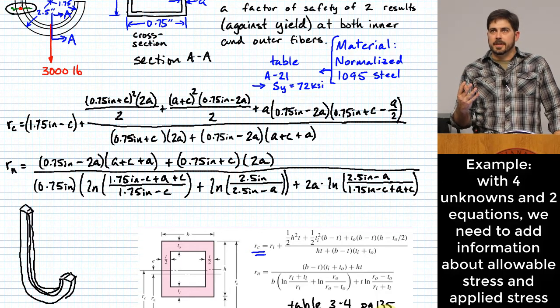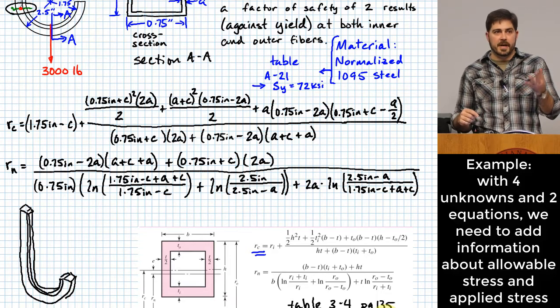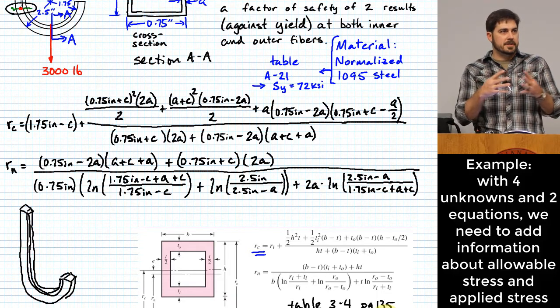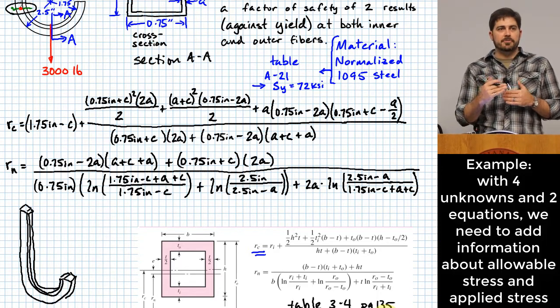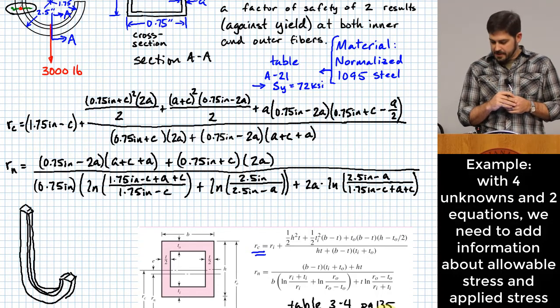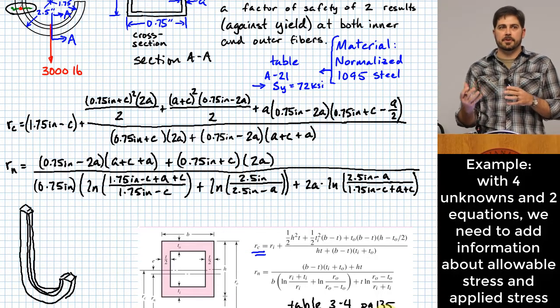The issue here is that we don't know RC, Rn, and we're looking to find A and C as well, because these are design parameters that we're trying to use to set the stress level at both the inner and the outer fibers of the curved beam to be at a particular level, and that level is set with the material strength and a factor of safety of 2. All right, so that's where we get our other 2 equations that we need.